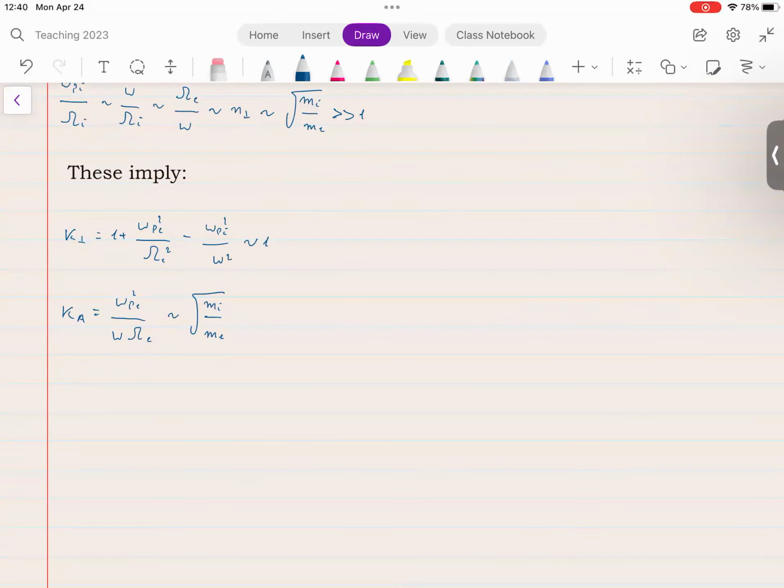And K parallel is going to be equal to minus omega plasma electron square over omega square. And this is even larger.